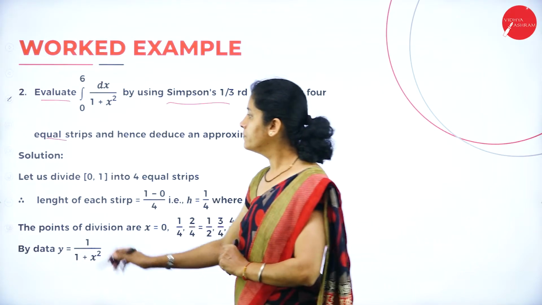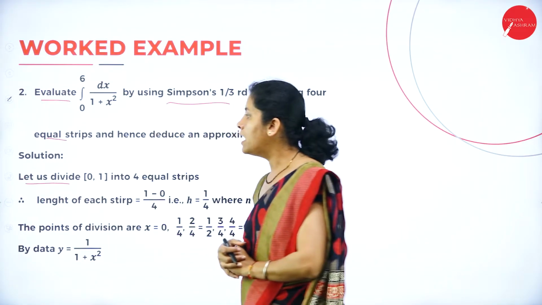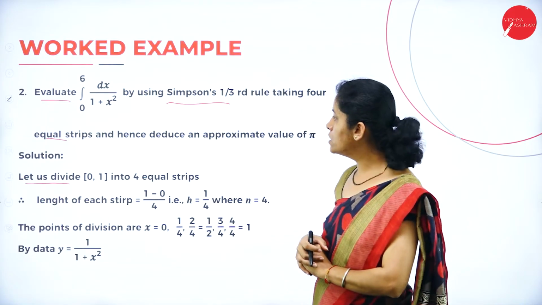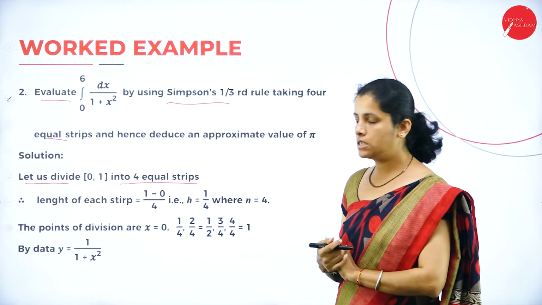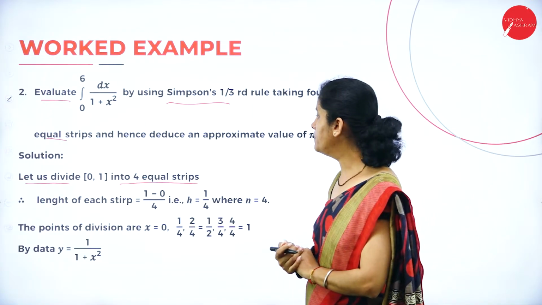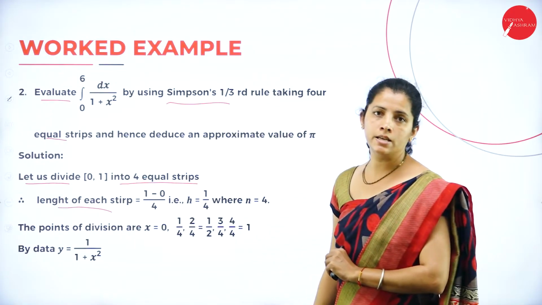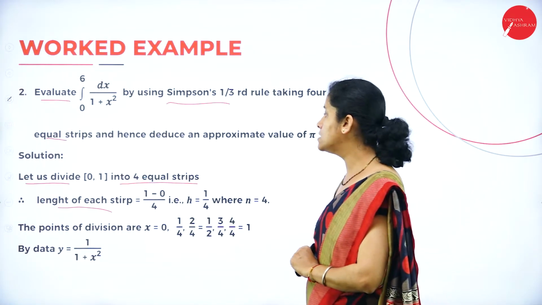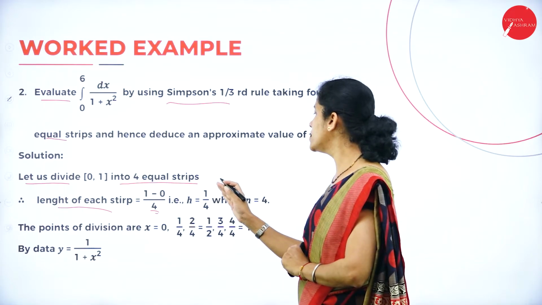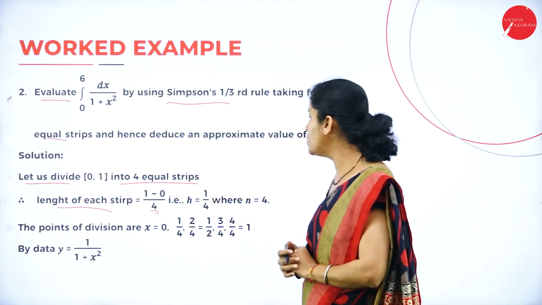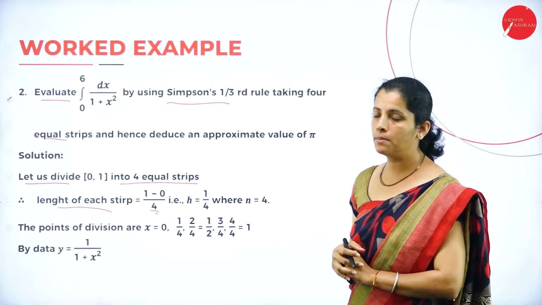So here, let us divide the interval 0 to 1 into equal strips. So here, length of each strip is 1 minus 0 divided by 4, that is h equal to 1 by 4, where n is 4.